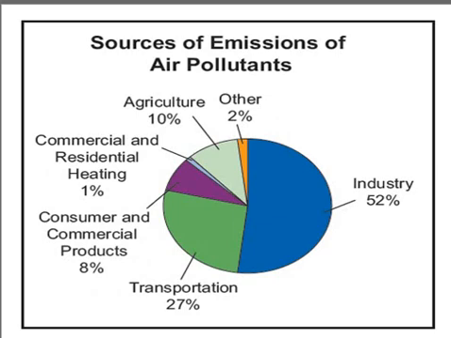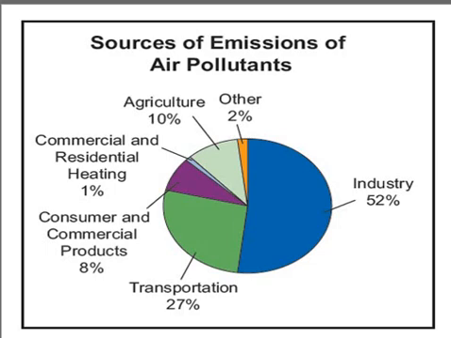And so we have a pie diagram to see the sources of emission of air pollutants and their percentages. You see the agricultural sector is producing 10% of pollution, commercial and residential heating 1%, and consumer and commercial products 8%.